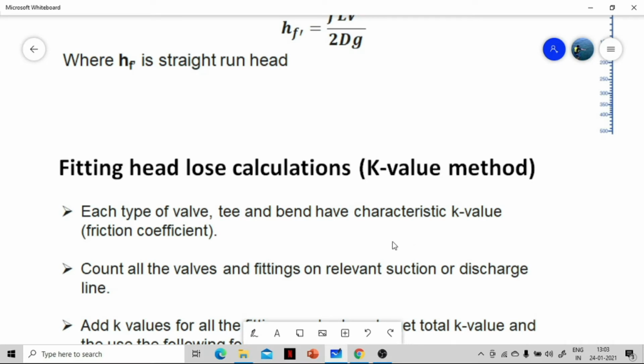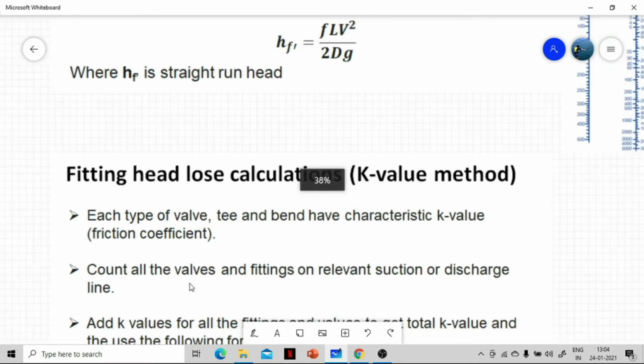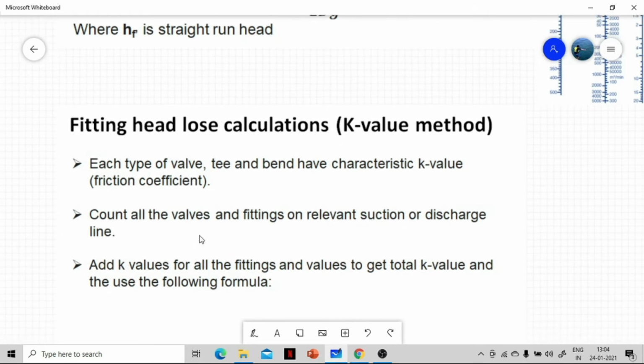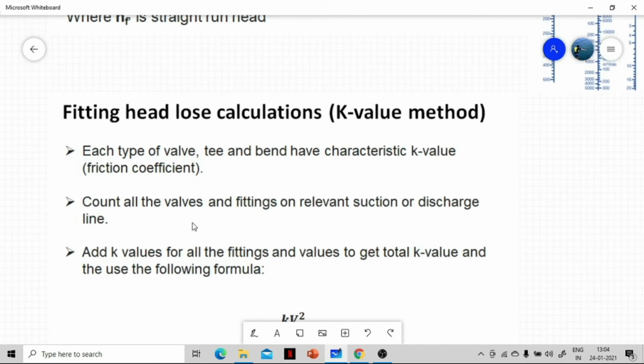There is a big table that has all the K values for each and every type of valve, bends, tees, and all other fittings. Then you should count all the valves and fittings on the relevant suction or discharge line from the plant P&IDs, process and instrumentation diagrams.